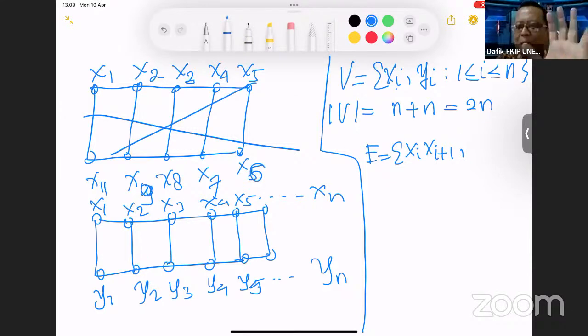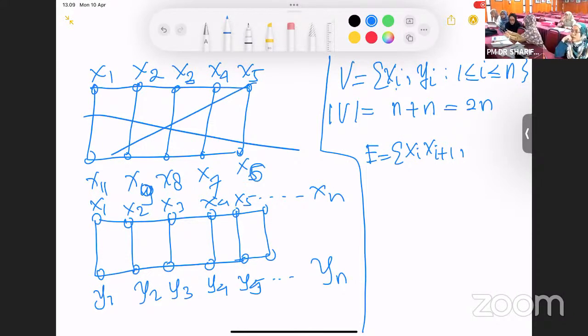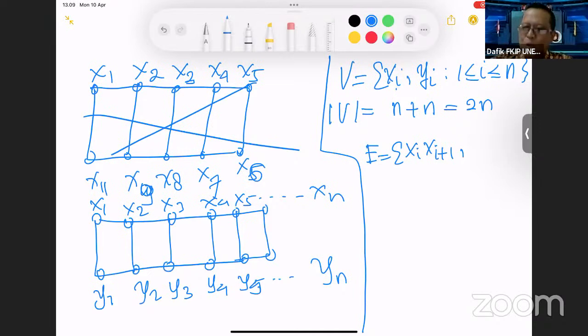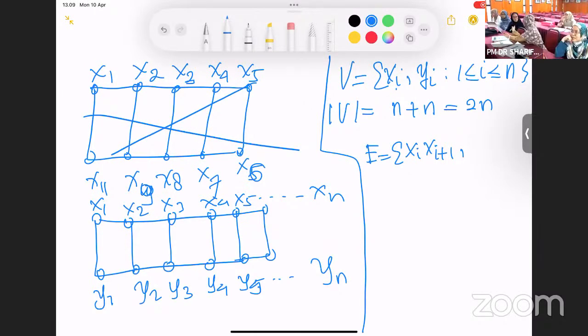If you have the same domain, just put them together in one set. If it is different, then you put a union.